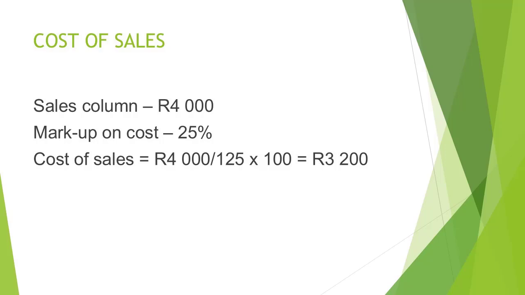Since the business makes use of the perpetual inventory system, we also need to record the cost of sales. The cost of sales is the cost price of the inventory sold, or in other words, what the business paid to buy the inventory that was sold. In our example, the markup on cost price is given as 25%. Our sales, as calculated earlier, was R4,000.